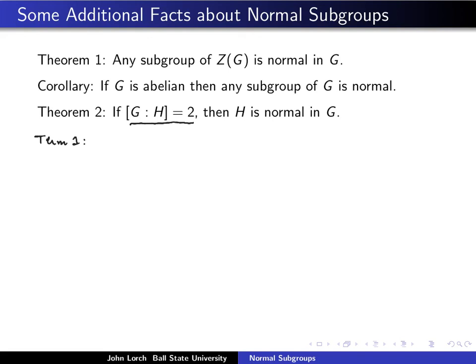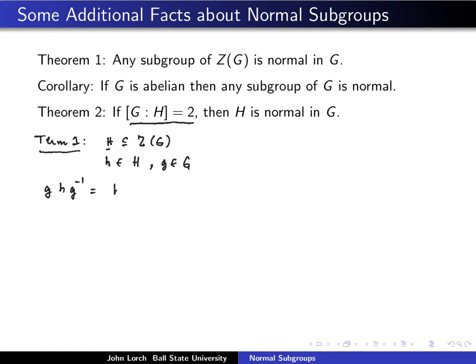So for theorem 1, let's suppose we have a subgroup H that's contained in the center of our group G. And let's suppose we have an element h in capital H. And let's compute a conjugate, g h g inverse, where g is in the larger group capital G. Now, we want this conjugate to lie again back in capital H. But H is contained in the center of the group, and that means that this little h commutes with everything, including this little g.